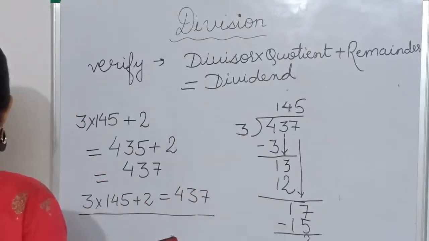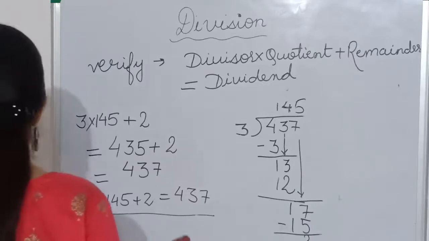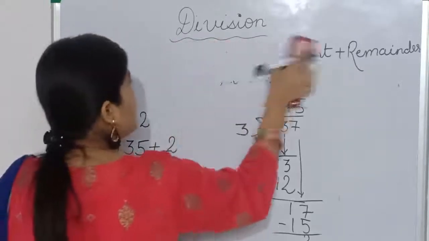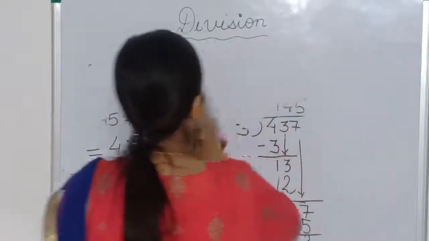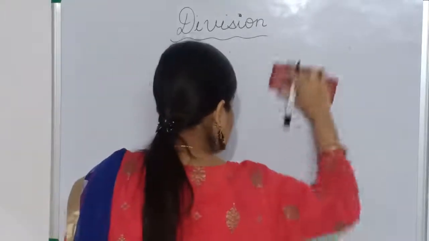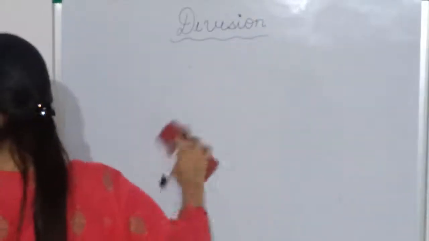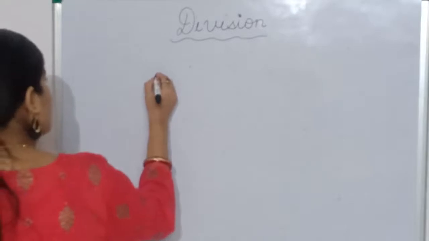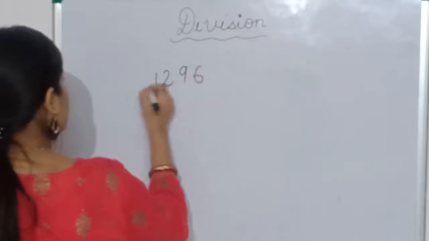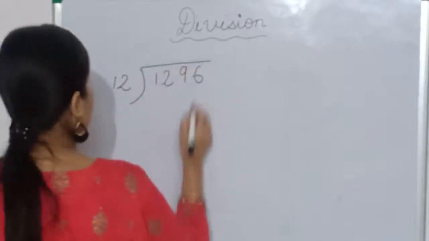Now here is one example of dividing a number by a 2-digit number. 1,296 divided by 12. 12 is a 2-digit number, so we have to divide by 12.